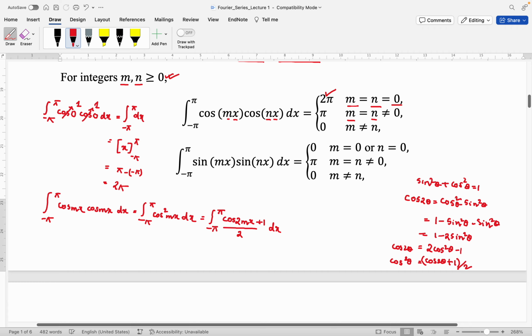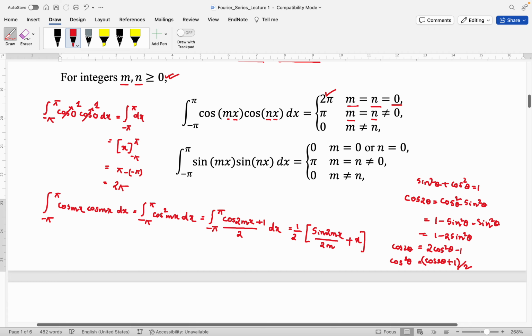This is simple, we can take the half out, and then integrate cos 2 mx plus 1. If you integrate cos 2 mx dx, recall that integration of cos gives sine, so I can write sine 2 mx divided by the coefficient of x, which is 2m, plus 1 dx, which gives only x.